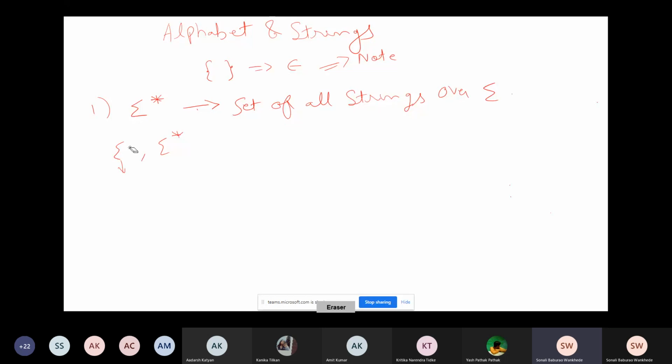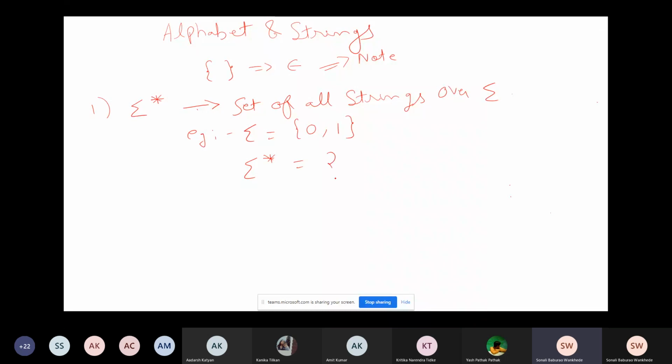Let's take an example over here. Suppose, for example, sigma is equal to 0, comma 1. Okay, guys, this question is given to you. Now you are supposed to compute the value of sigma star.